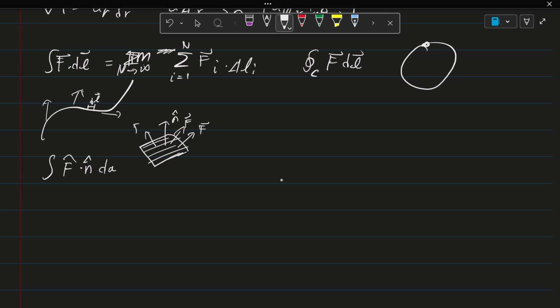Something to note is that the n hat should always be the same. The convention is normally pointing outwards, so throughout the entire surface, you need to make sure that this n vector always points outwards. Anyways, this is just convention. If it has a different convention, it would have a negative value.